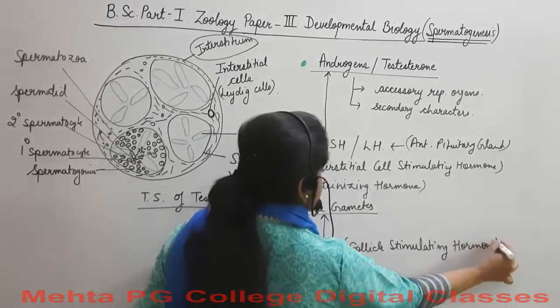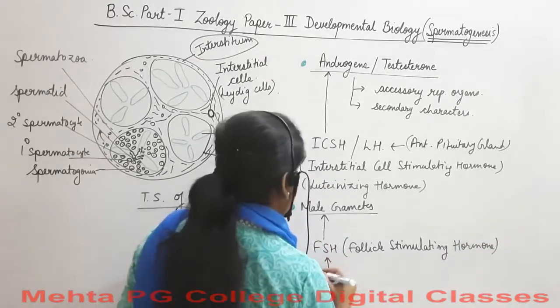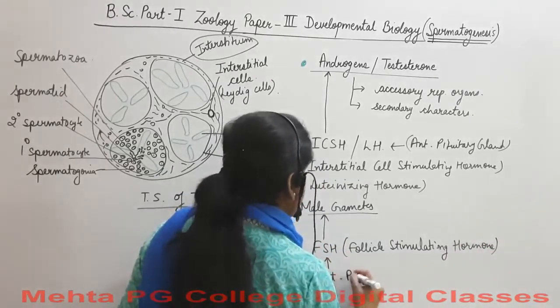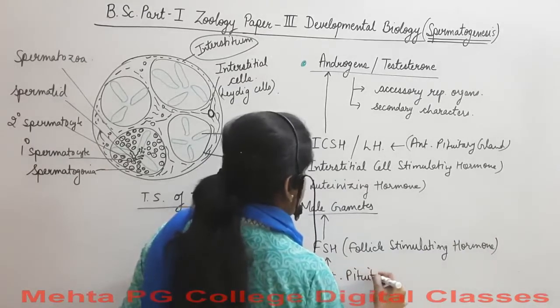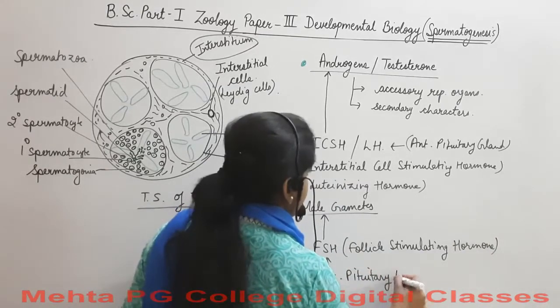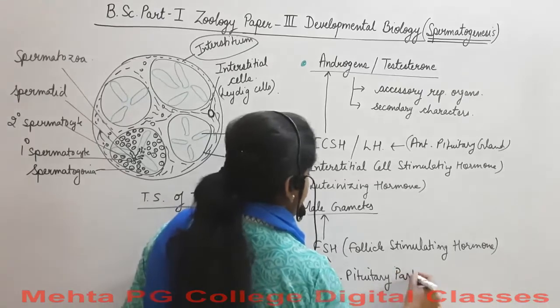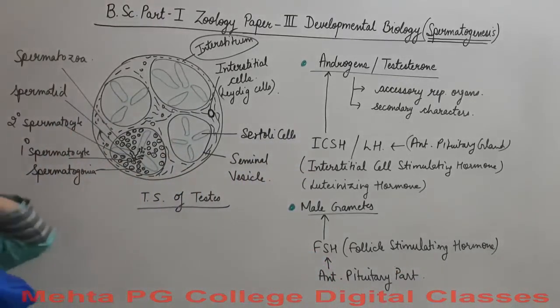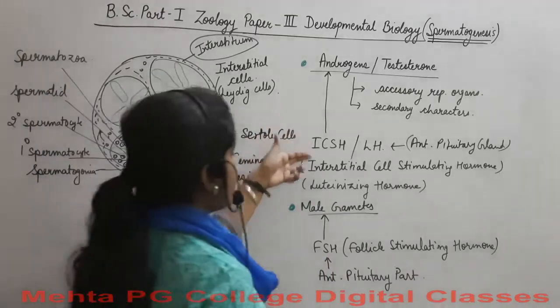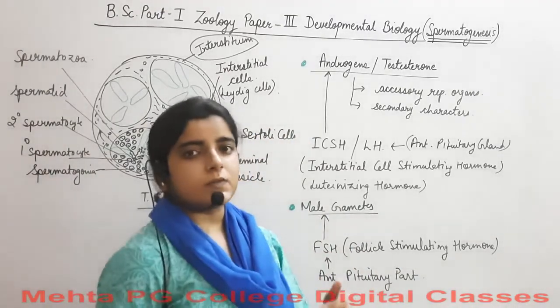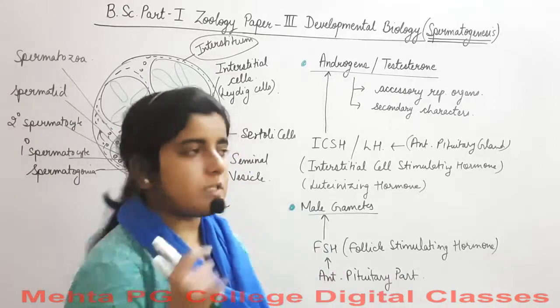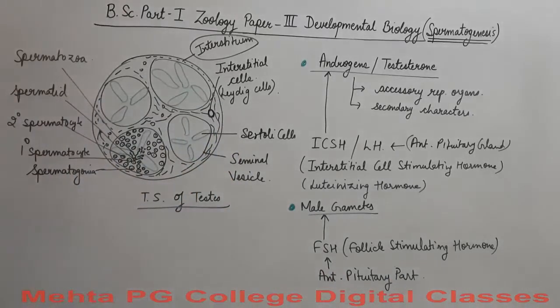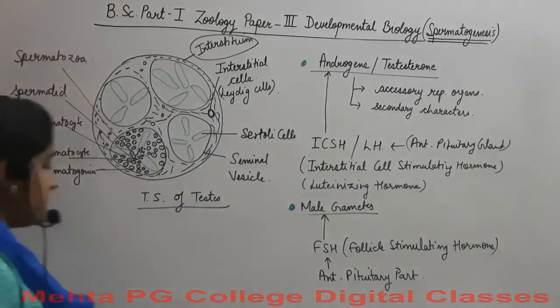This is also secreted or regulated by the anterior pituitary. So we can say these hormones regulate the activity of spermatogenesis.